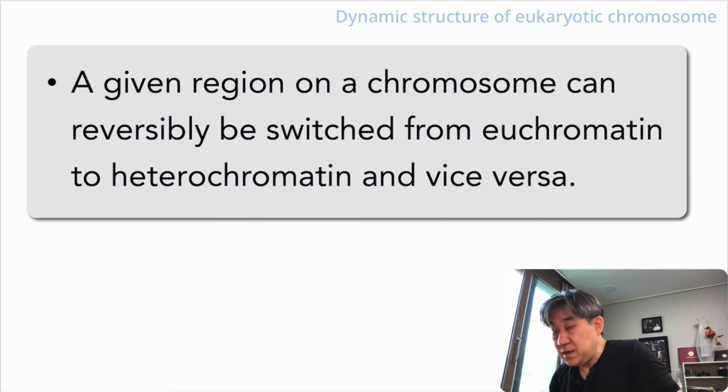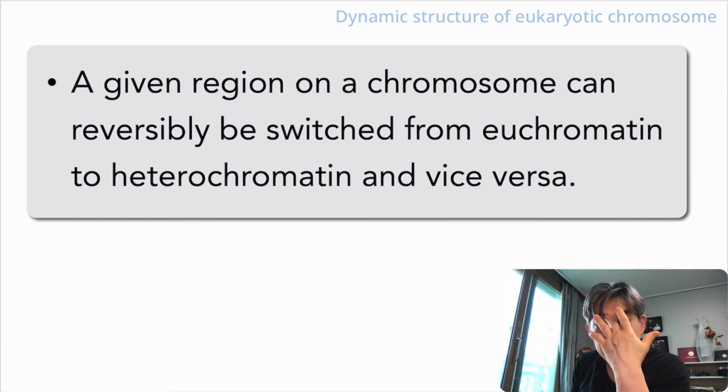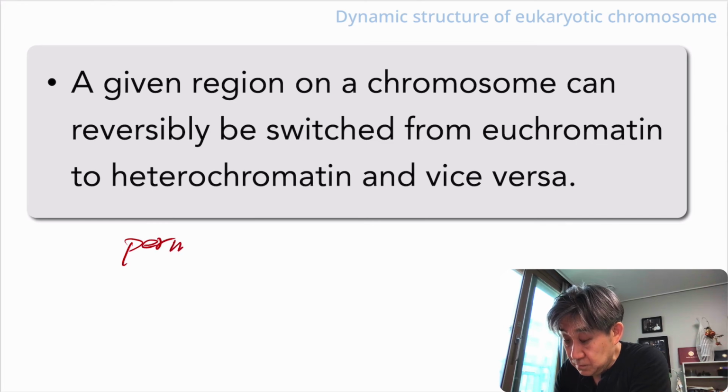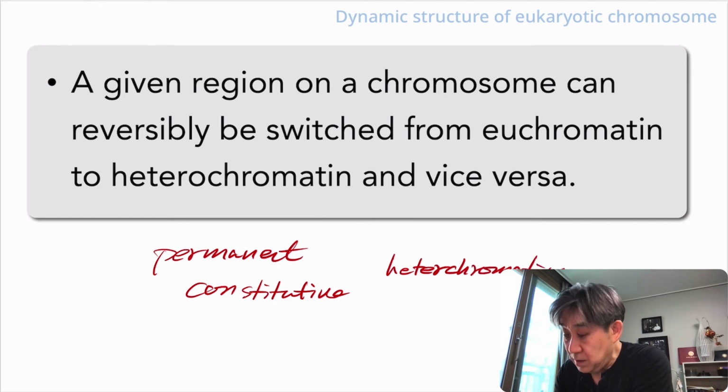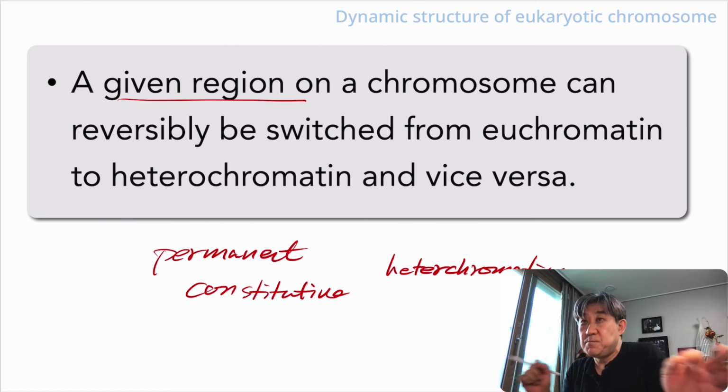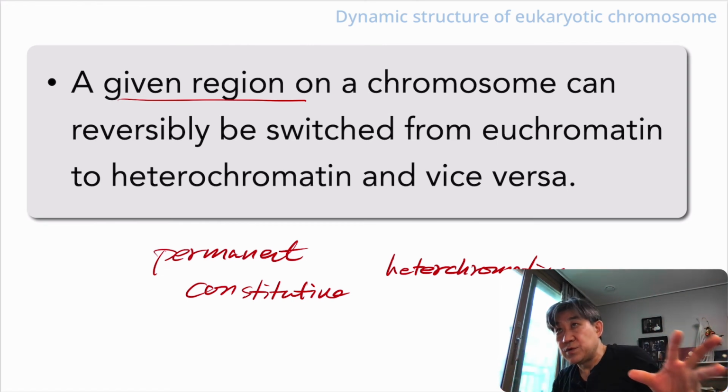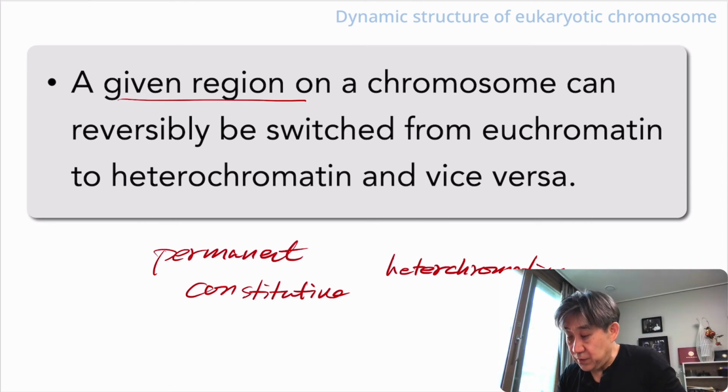Here the point is, except for the already fixed, so-called permanent or constitutive heterochromatin area, a given region on the chromosome can switch back and forth between hetero and euchromatin, which is a very interesting point.